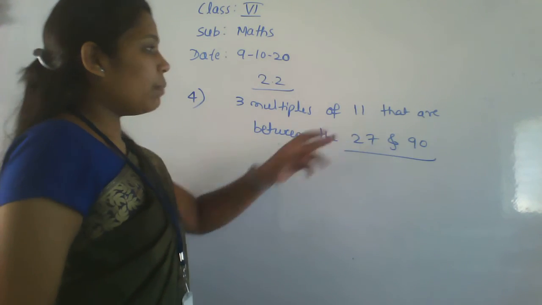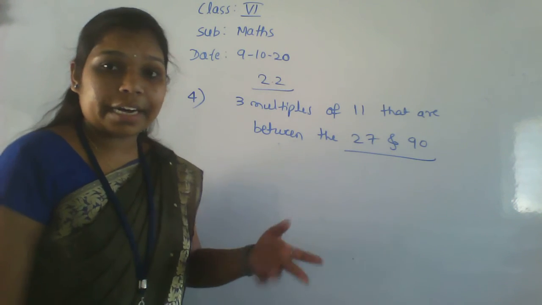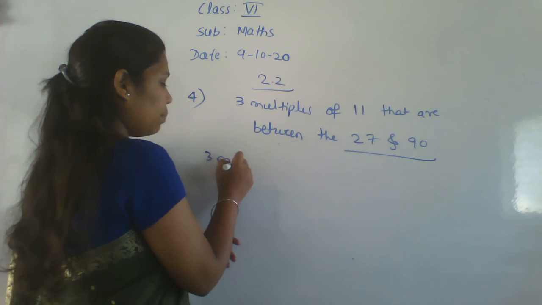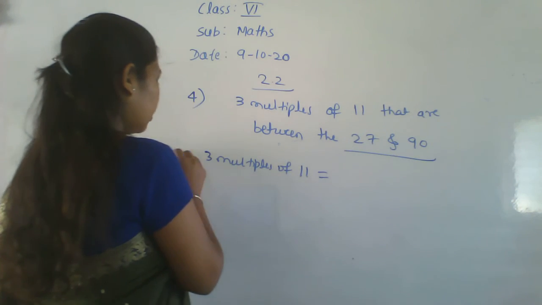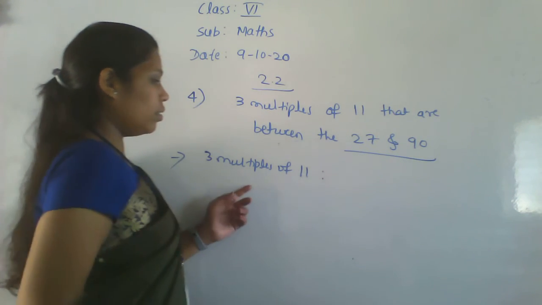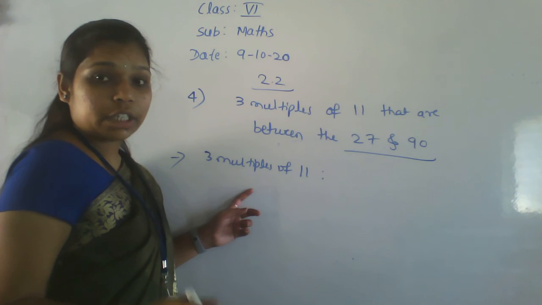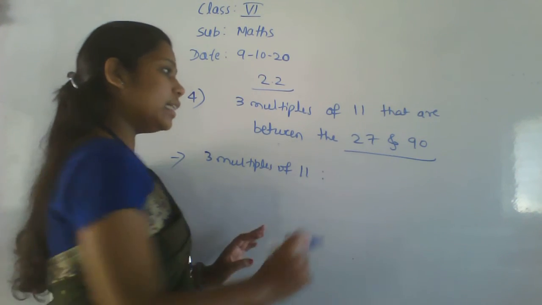Write the table. 11 2s are 22. 22 is less than 27. We can't write it, right? So the 3 multiples of 11: not 22, because 22 is less than 27. We can't take that. Next, 33 we can take.